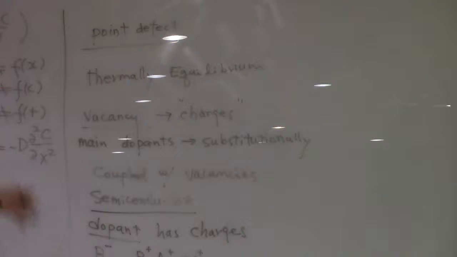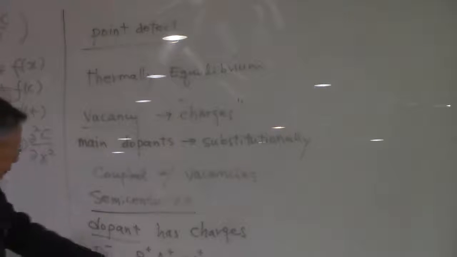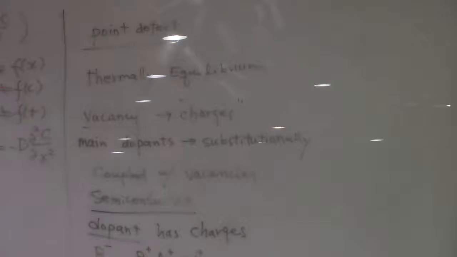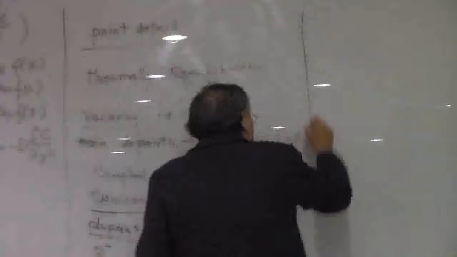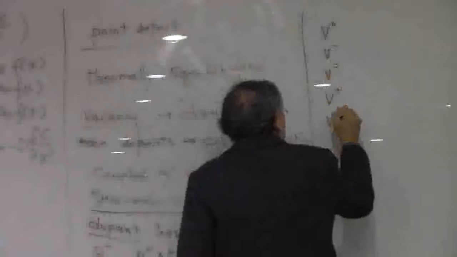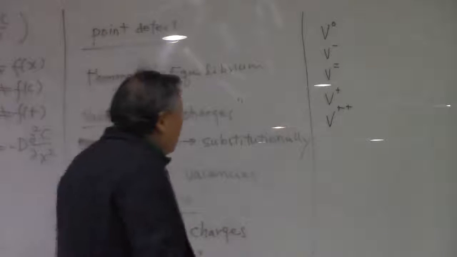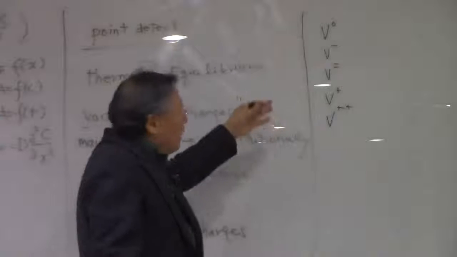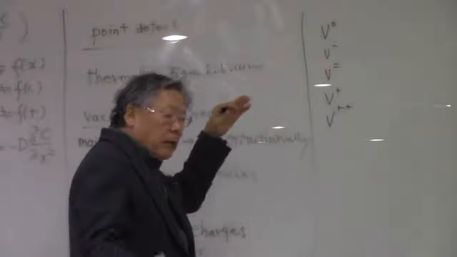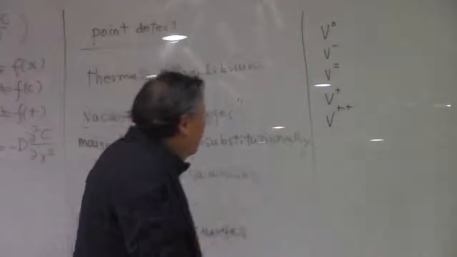So for the diffusion, this dopant atom has to be coupled, and the vacancies have charges like neutral, negatively, doubly negatively, positively, doubly positively charged, something like this, and then we can locate the energy levels from the conduction band and the valence band, such and such.